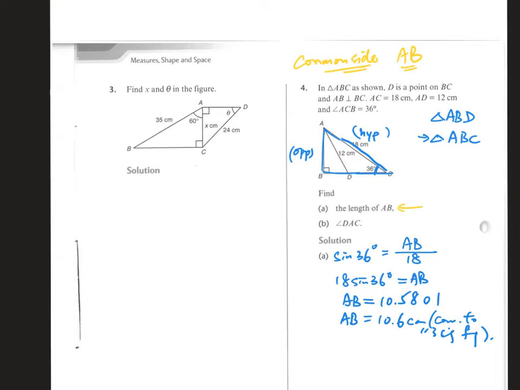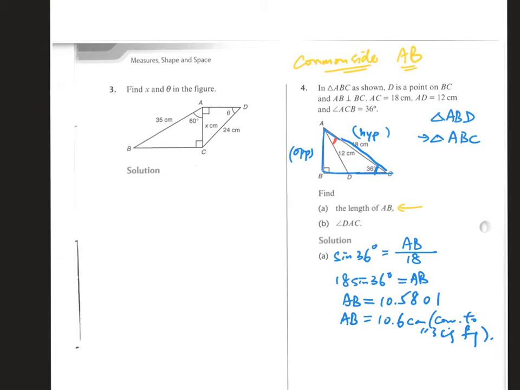The next part will be harder because you are asked to find DAC, which I mark in red. But this angle is not good because it's not one of the angles in a right angle triangle. So that's why you have this choice. We don't look at this one, but we look at the big one. But looking at this big one, there's a drawback because you don't know this angle BAD here.